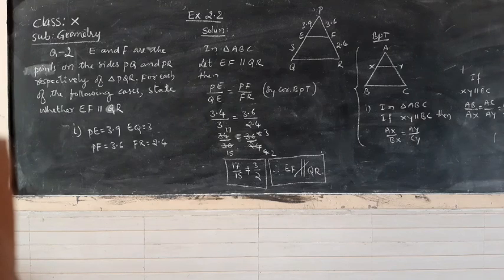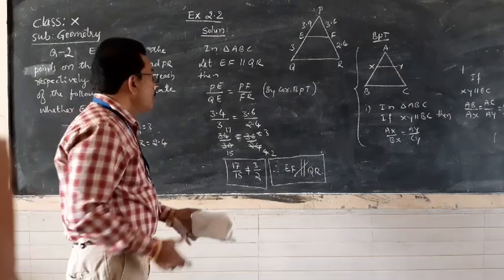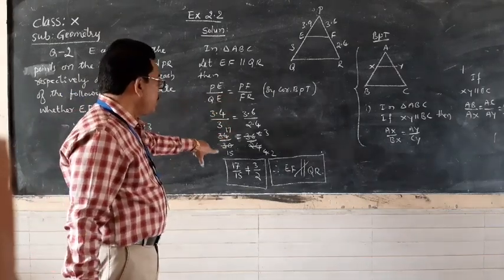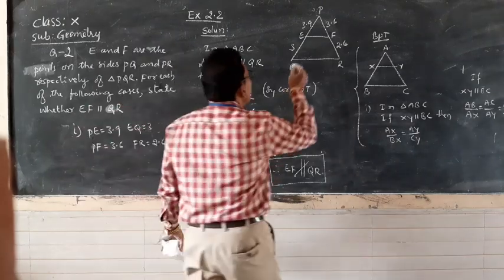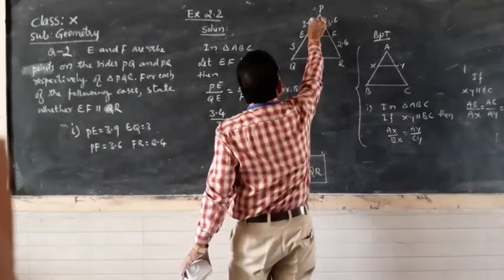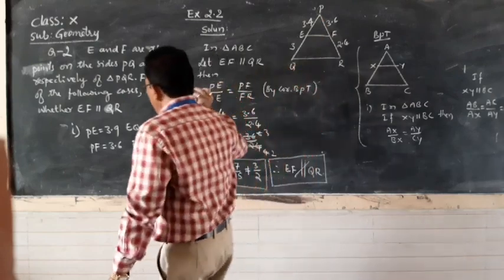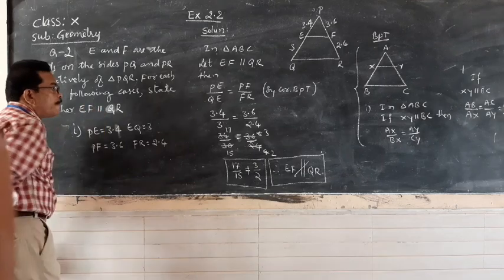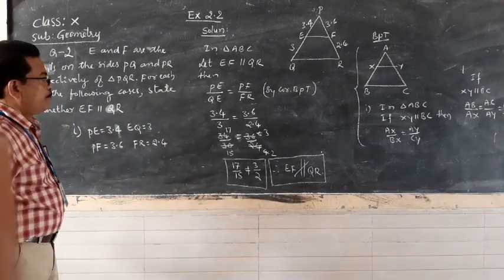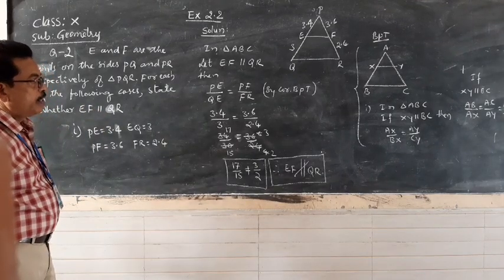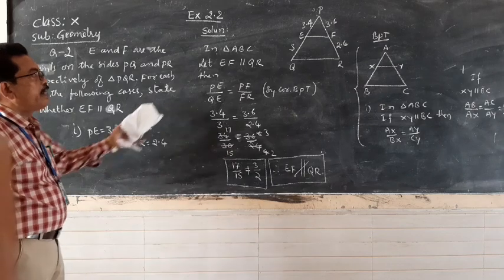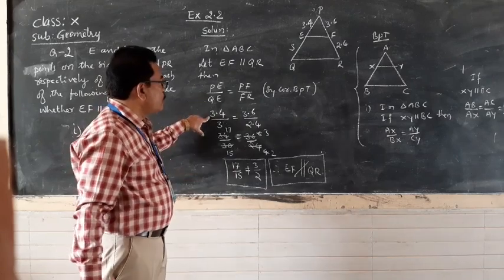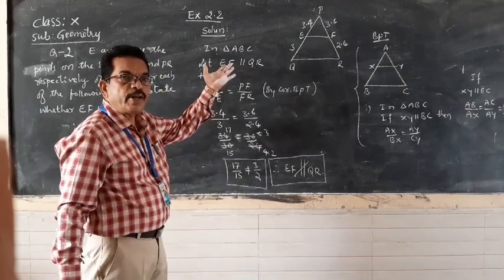Okay, PE by QE, PF by FR, then 3.4. You make this one as 3.4. So here also 3.4. Okay. Actually that is 3.9, but I wrote PE equals 3.4, so I have modified those values.